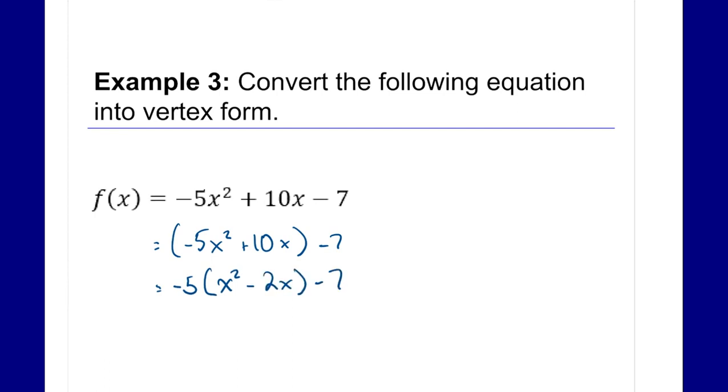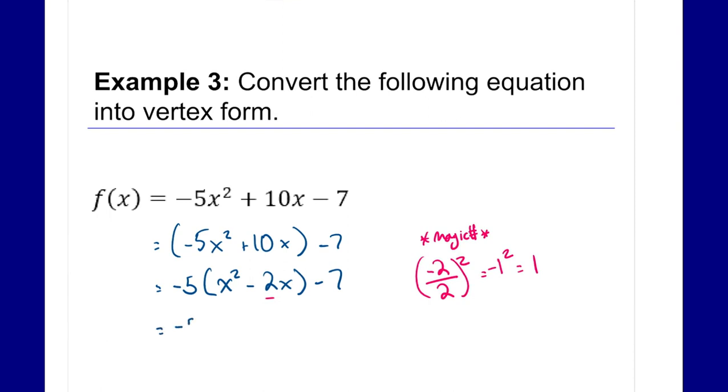I'm going to find my magic number now by taking, let's write out magic number. So I'm going to take that second term in the bracket, the negative 2, I'm going to divide it by 2, and then square it. So negative 1 squared, or just 1.